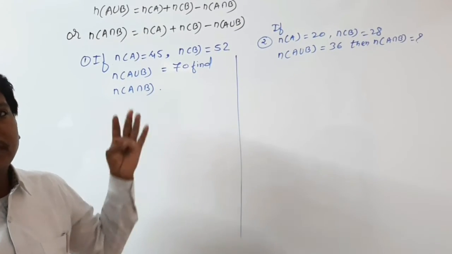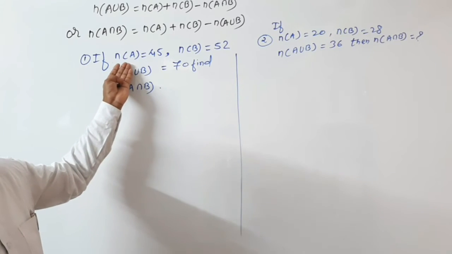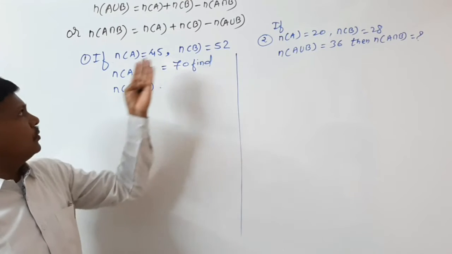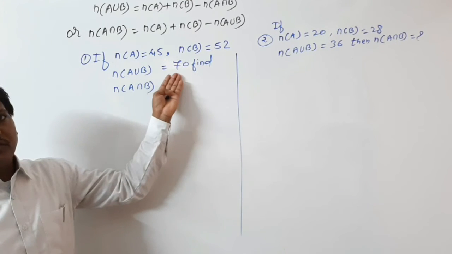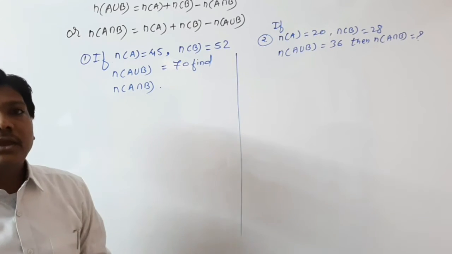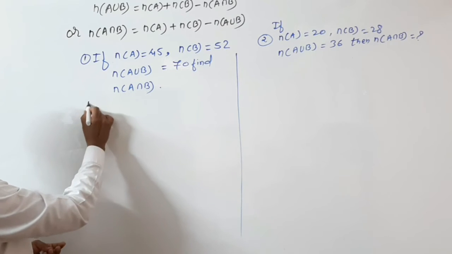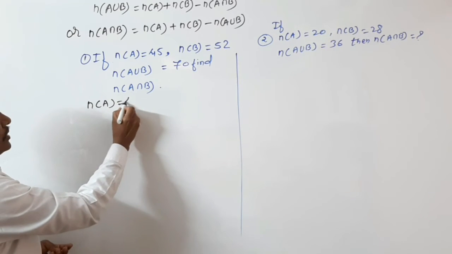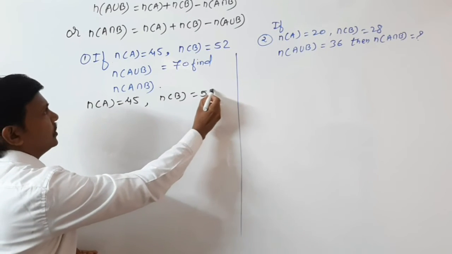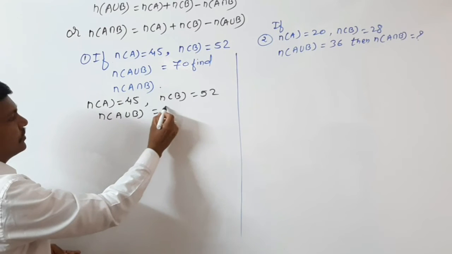Both are the same formula. So see first, if n(A) is 45, n(B) is 52, and union is given, and the question is to find the number of elements in A intersection B. So first we write given: n(A) is 45, n(B) is 52, number of elements in A union B is 70.